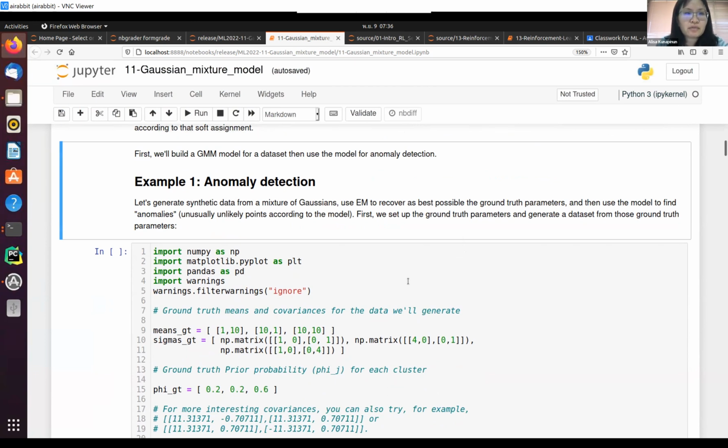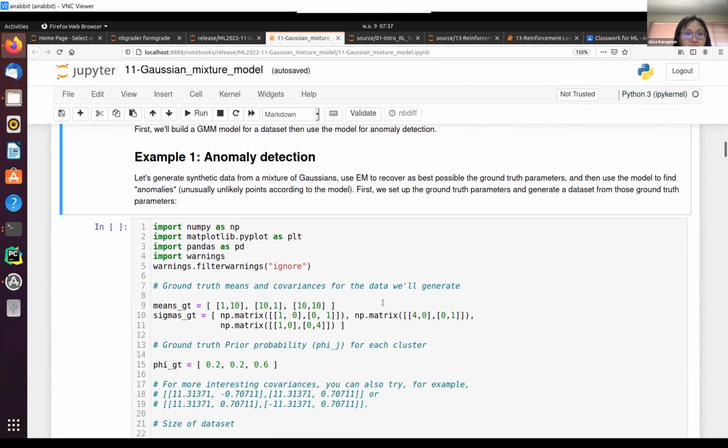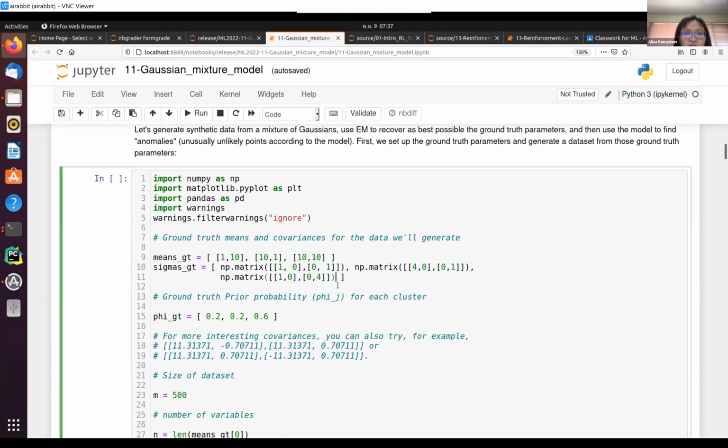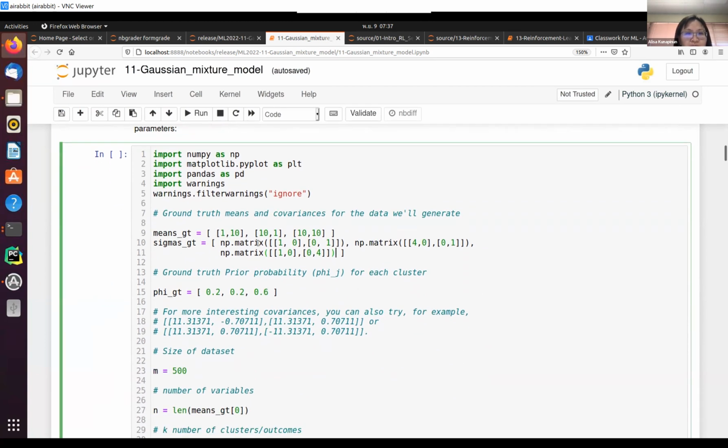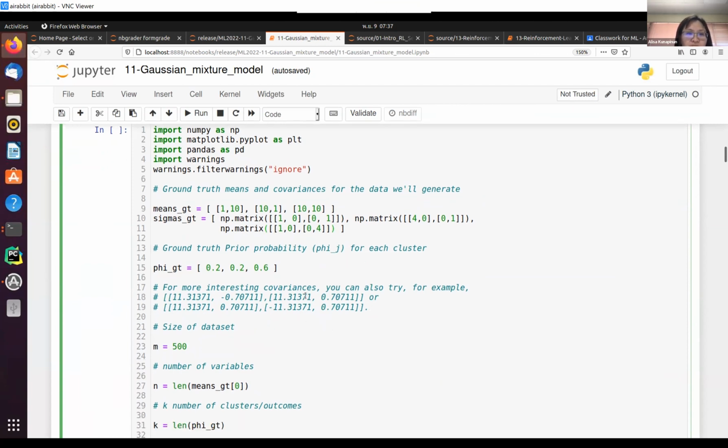First of all, we build the GMM model for the dataset. Here we have the mean parameters 1 1 0, 1 0, 1, and 10, 10, with the SD 1 0 0 1, 4 0 0 1, and 1 0 0 4.